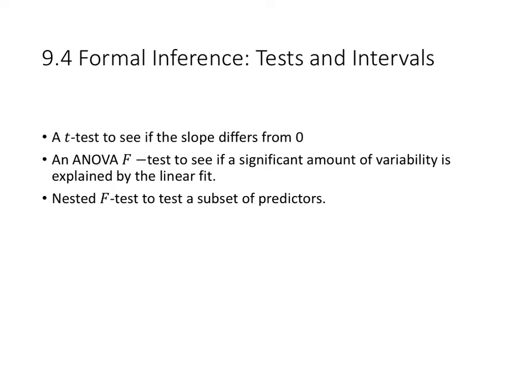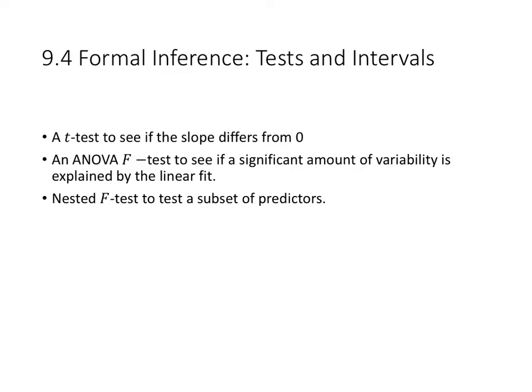So remember back from earlier in the semester with simple linear and multiple linear regression, we had three types of hypothesis tests. We had a t-test to see if the slope for a particular explanatory variable differed from 0. So that was used to check the effectiveness of one variable at a time in the model.